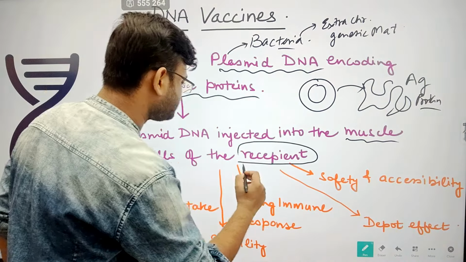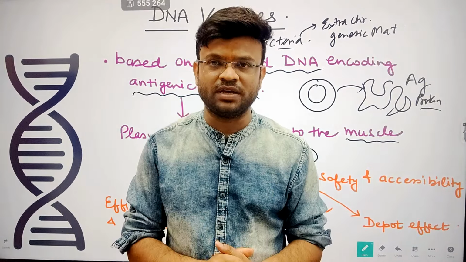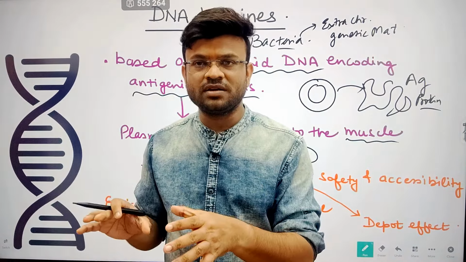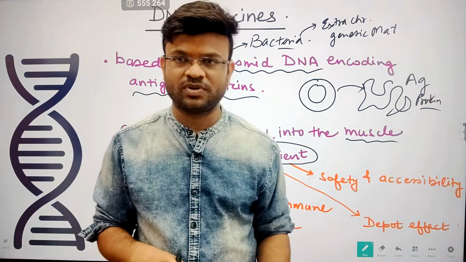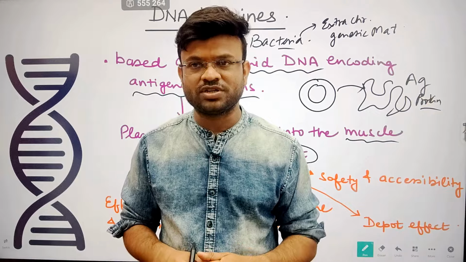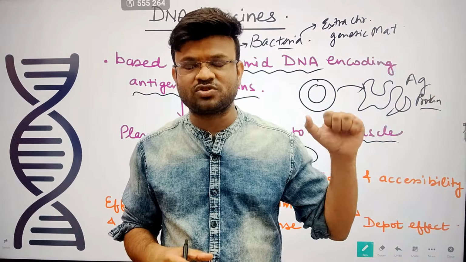Now suppose we are talking about a human being, and we want that human being to be resistant against a particular pathogen, let us say XYZ, any pathogen. What will I do?